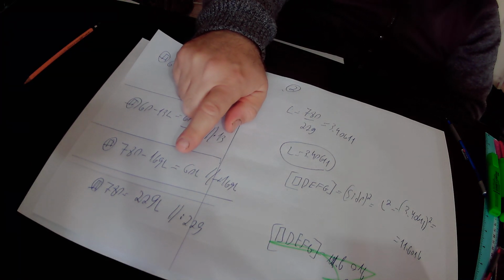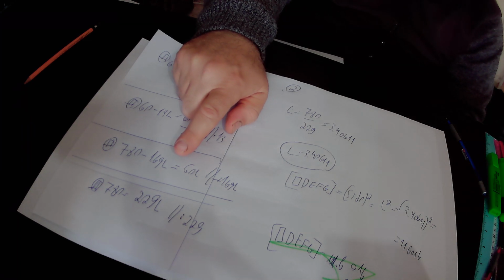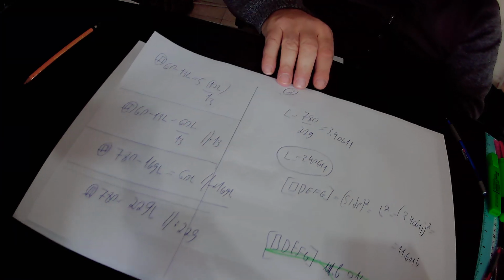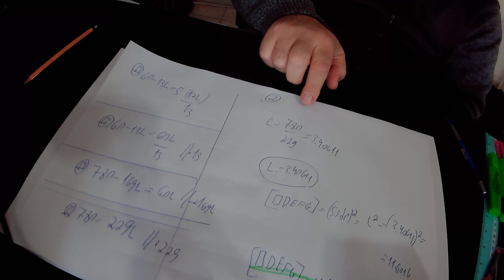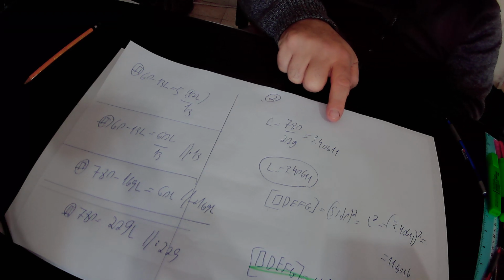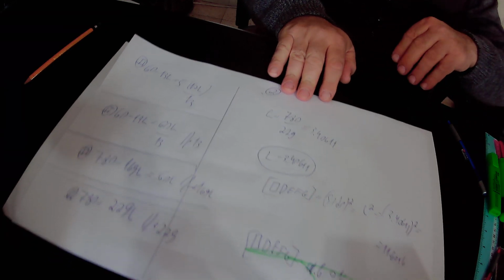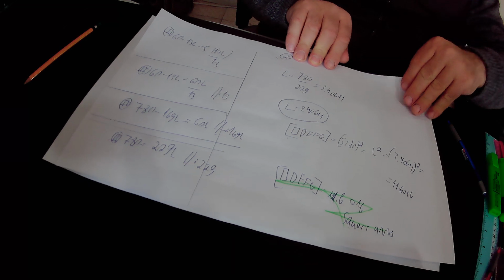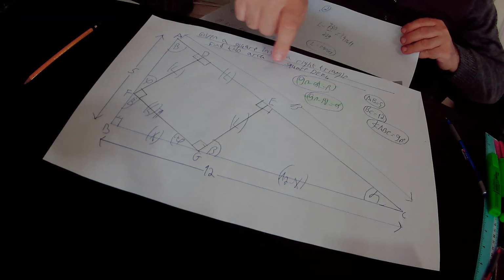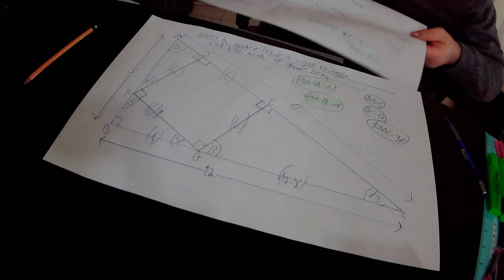Here we divided this equation by 229, and finally found that L equals 780 over 229. 780 over 229 is 3.40611. So the length of one side of this square DEFG is 3.40611 units.